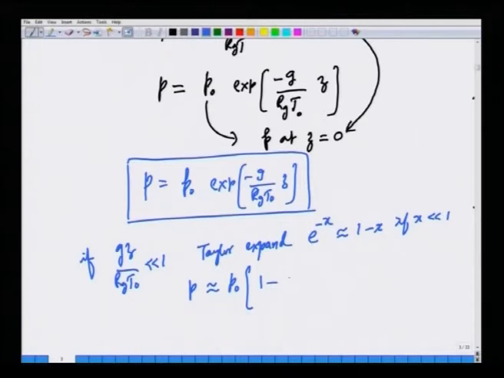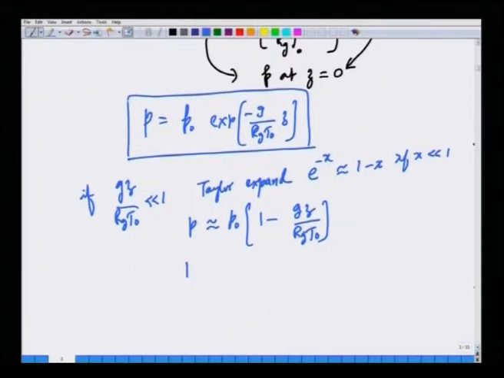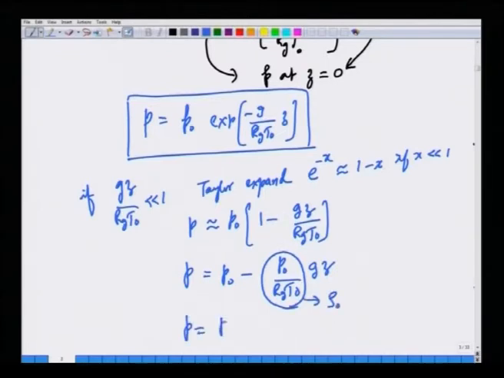So, 1 minus g z by R g T naught. So, P is P naught minus P naught by R g T naught times g z. From the ideal gas law, this is nothing but rho naught. So, P is P naught minus rho naught g z.